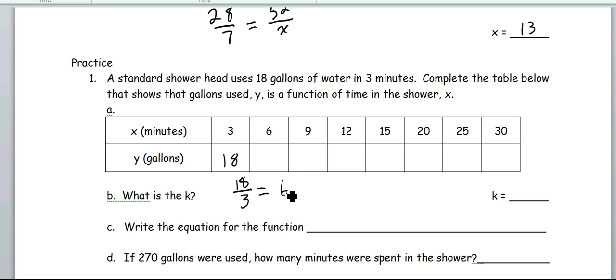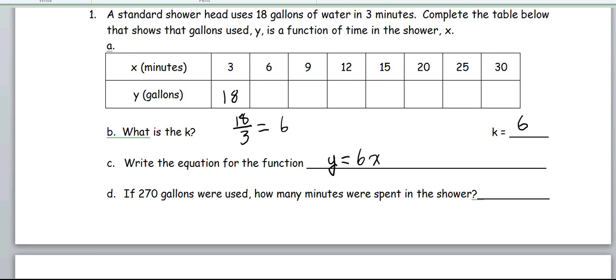So k equals 6. So my equation is y, my dependent variable, gallons, is 6 times my independent variable, minutes.